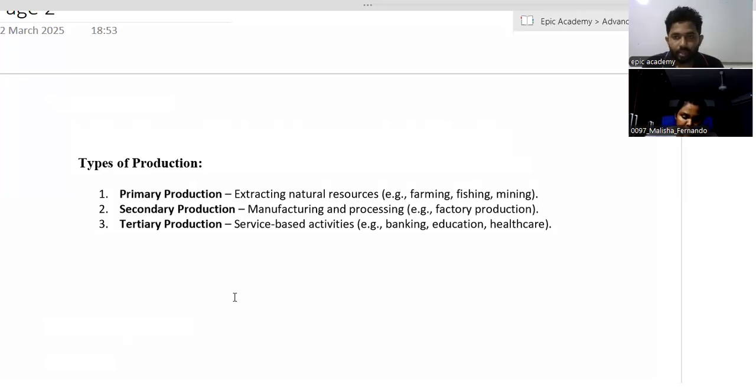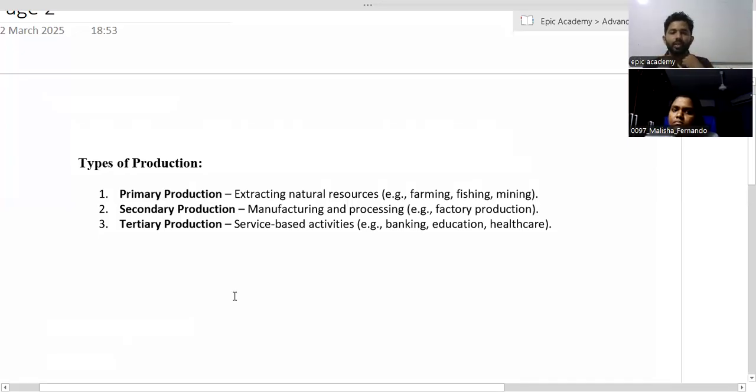And then tertiary production. It is a service-based activity: banking, education, healthcare, something like that. In tertiary production, this is the section where we are going to use a high level of technology, a high level of equipment, a high level of machinery. That is why we call it tertiary production. As an example, just consider banking services.